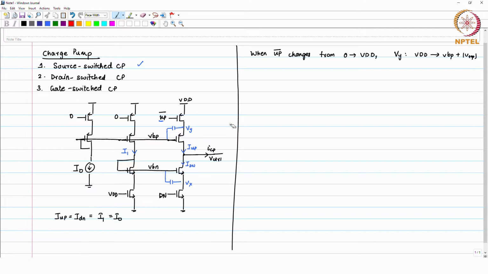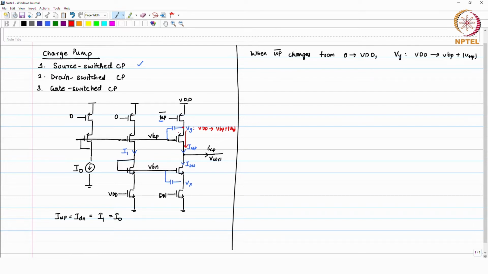Whenever your up bar signal goes from 0 to VDD, you make a transition here from VDD to VBP plus mod VTP. So, during this process you have a current which is actually pumped to the loop filter. You have this current which whatever this node discharges from one potential to the other. So, this current has to go somewhere, right.